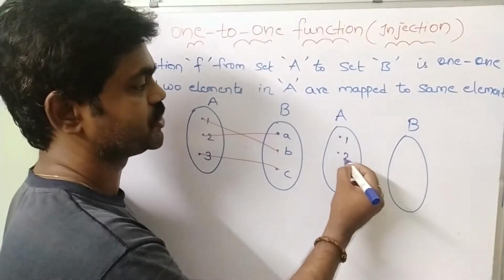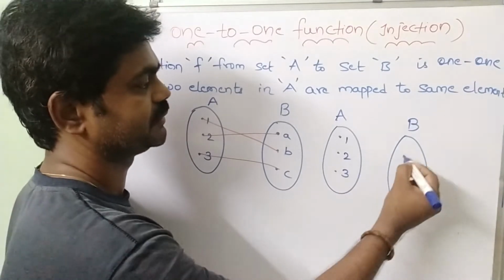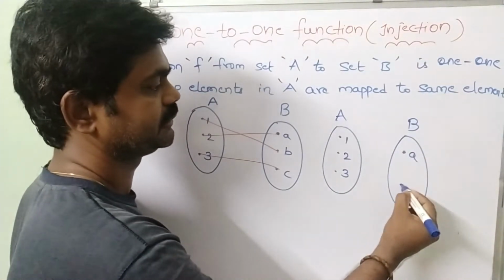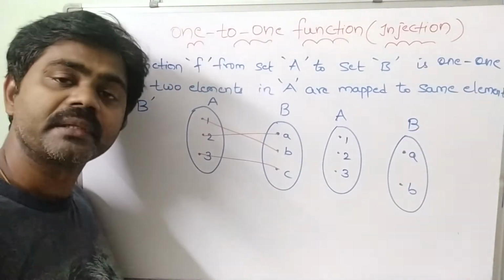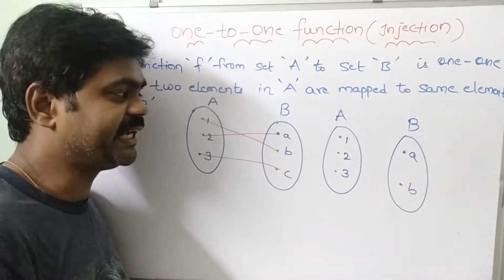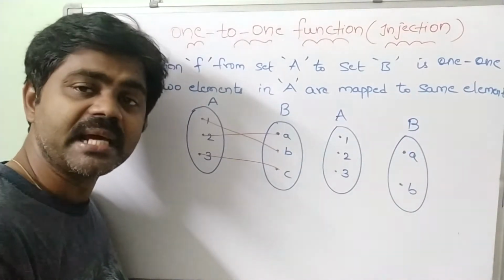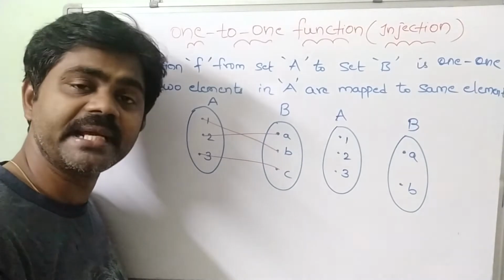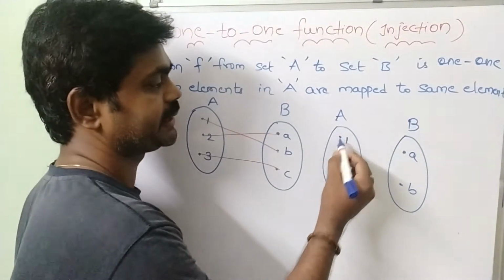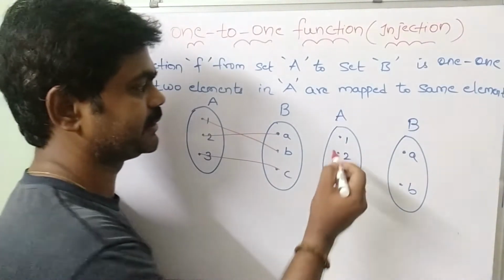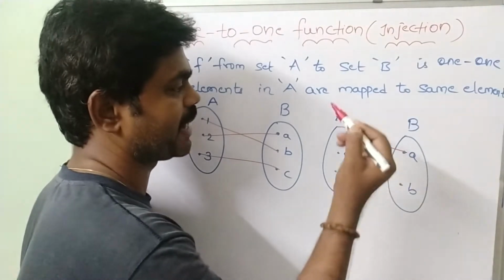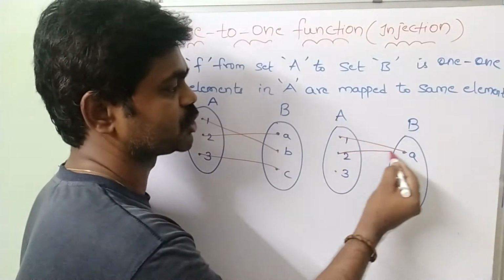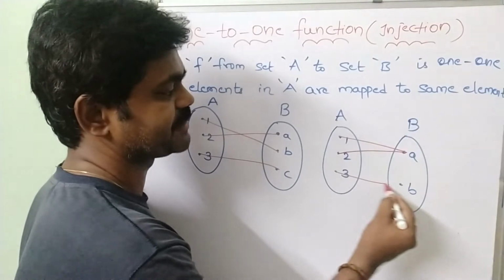1, 2, 3, a, b. If I have 3 elements in A, that is 1, 2, 3, and 2 elements in B, that is a and b. Now let us assume that 1 is mapped with a and 2 is also mapped with a and 3 is mapped with b.